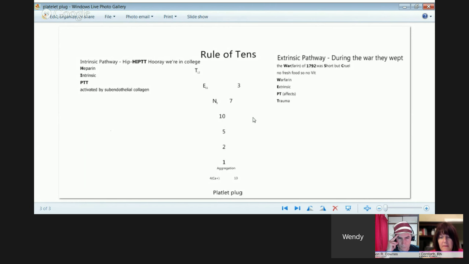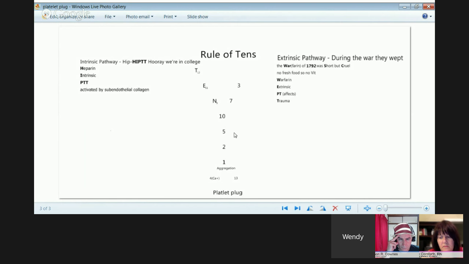It needs to be very focused and very almost delicate, if you will. So both factor 10 and 2 actually prevent clot formation.